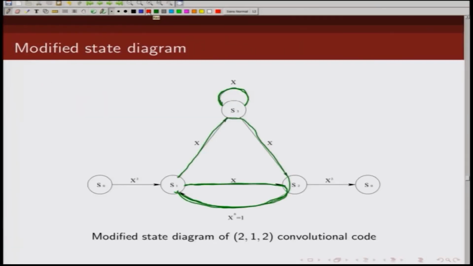So, let us use a different color pen. Let us use a red color pen. Remember, what is a forward path? A path from the initial state to the final state without going over any state twice. So, one forward path is this, fine. What about another forward path? The another forward path is this.